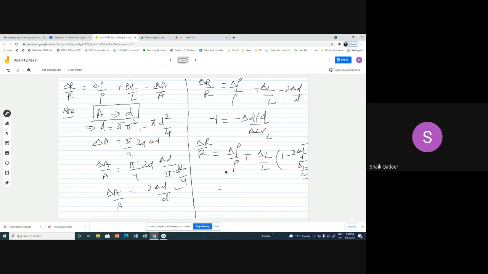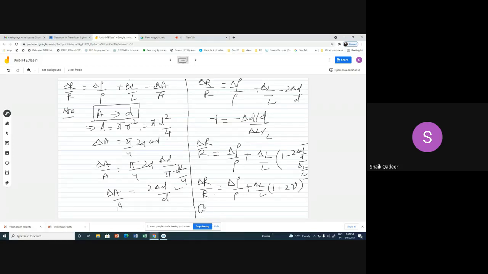Yes, sir. Then delta rho by rho plus delta L by L into 1 minus. You see, these things will be the Poisson's ratio theta. The negative and this negative are counteracting, and then we get 1 plus 2 theta as delta R by R. Is it clear?